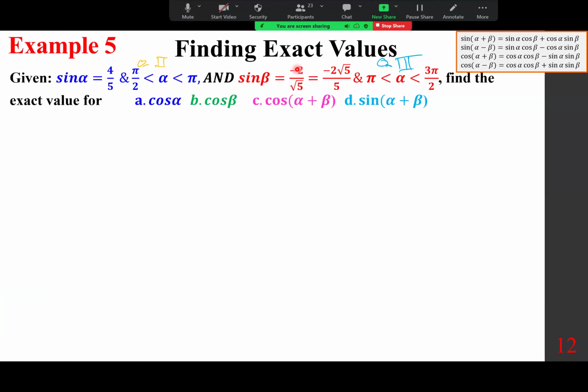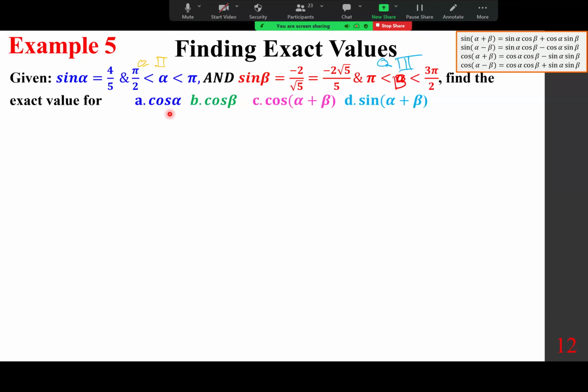And sine beta is -2/√5, or -2√5/5 if you rationalize it. And this angle is between pi and 3pi/2, which makes it the third quadrant. Okay, it's the third quadrant, everybody.